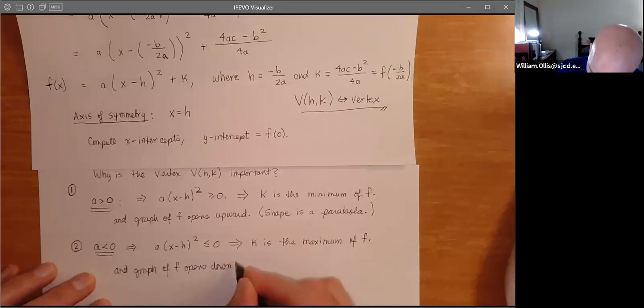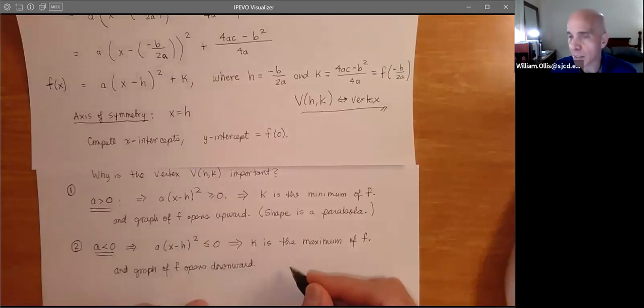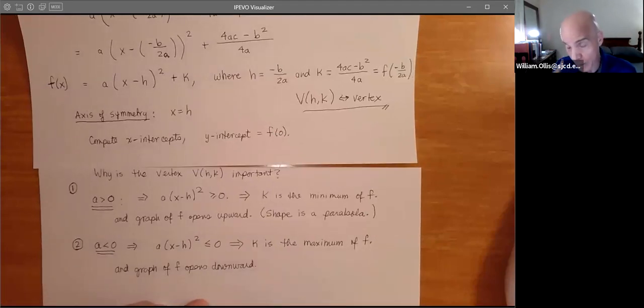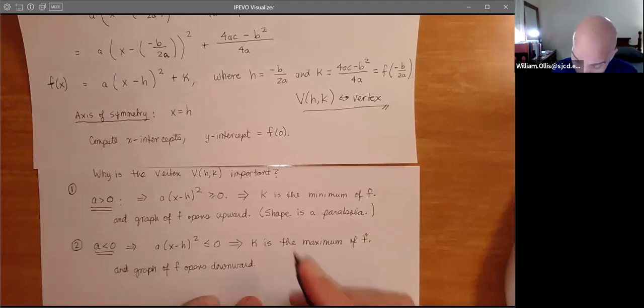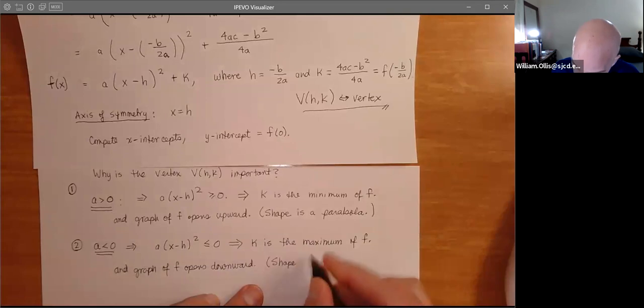Now, of course, we don't get any of the calculus otherwise, the concavity and the increasing, decreasing type thing. We kind of get that for free, but it's not specified in a calculus way. So you'll have to wait for calculus 1 for that. And again, the shape is a parabola.